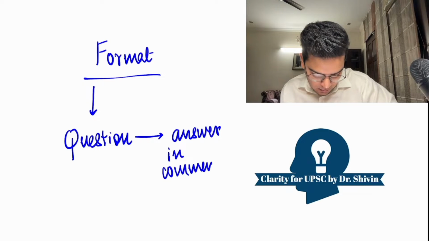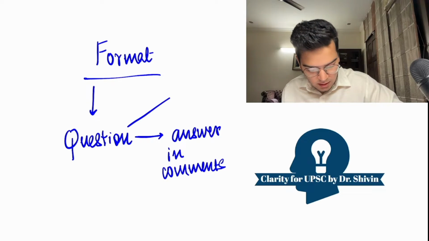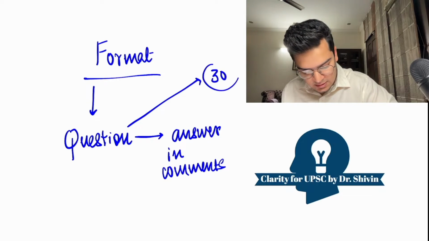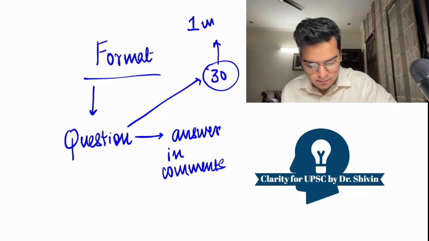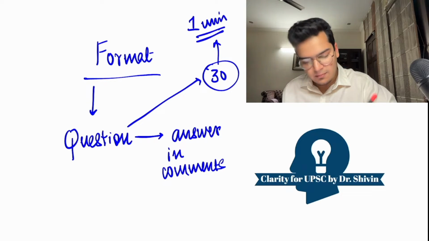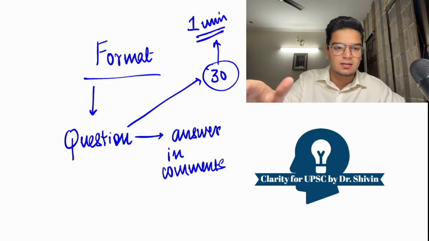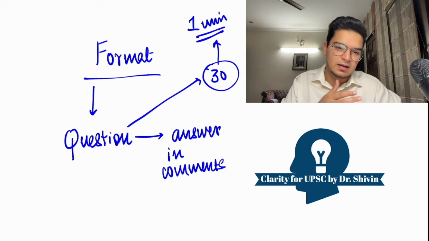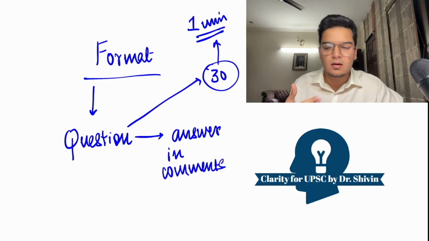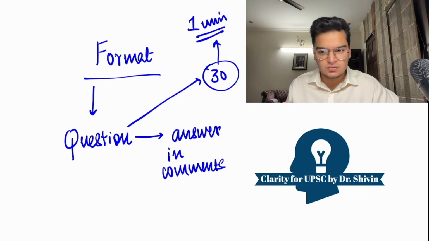We will do a set of about 30 questions. For every question, I will give you 1 minute. So in 1 minute, you have to write the answer in the live chat. Then after the 30 minutes are over, we will discuss the answers and you can tell me what your score has been. I hope you've all understood this format.